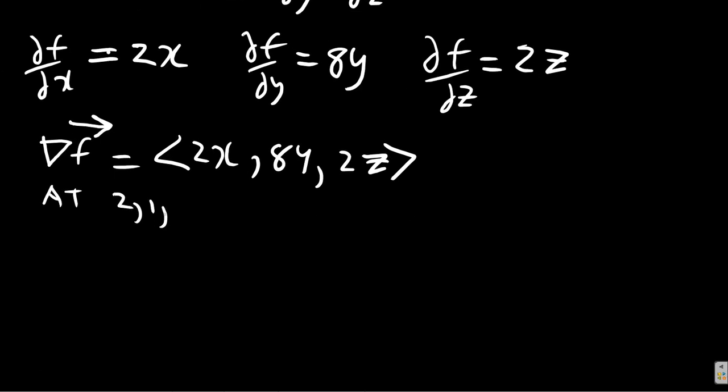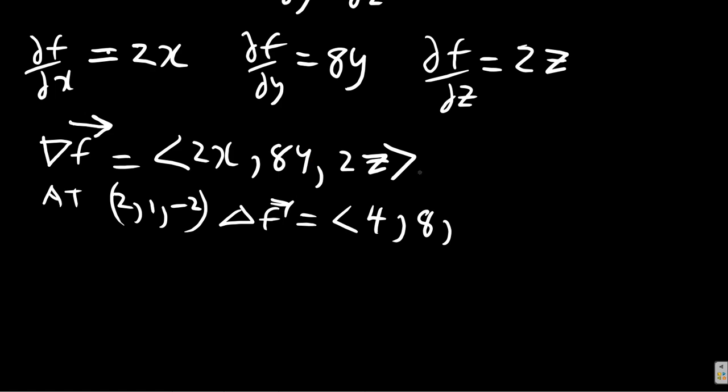At 2, 1, negative 2, the gradient of f is equal to 2 times 2, x is 2, so 2x is 4, comma, 8 times 1 is 8, 2 times negative 2 is negative 4. Alright, so that's our gradient of f.